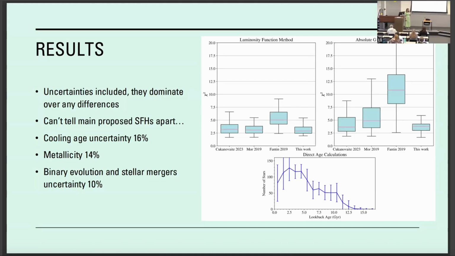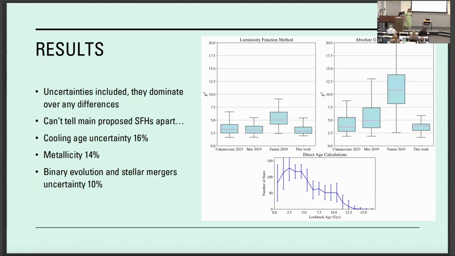We looked at what the modeling assumptions were and kind of which of the systematics were having the largest effect on our results. And we found that the cooling age uncertainty, so the white dwarf cooling time, is the largest uncertainty, aside from Gaia observational errors, that is. The metallicity, which you have to assume because we don't have that information from white dwarfs very easily, is the next highest one.